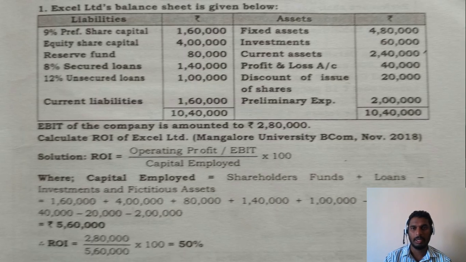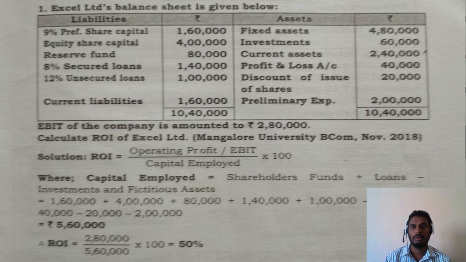We have kept aside reserves that also belong to the owners' fund. And if any surplus is given in the liabilities, we have to take that surplus also. So preference shares, equity shares 4 lakhs, reserve fund 80,000, plus loans.